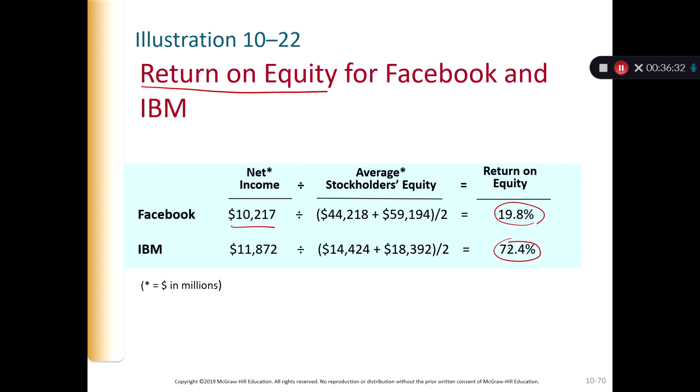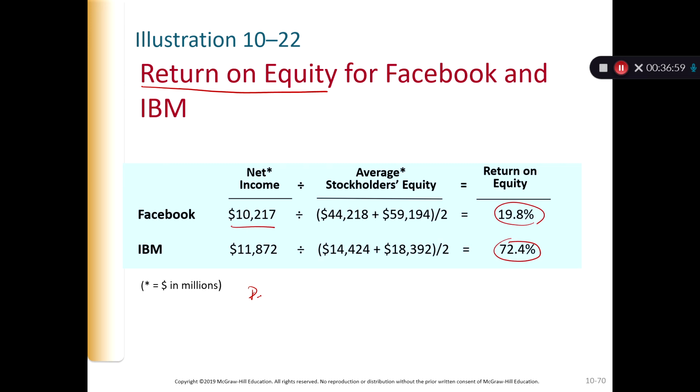At first, you might think this means that Facebook is less profitable, and in terms of return on equity, that's true. However, a key reason for the difference in return on equity is that Facebook relies to a greater extent on equity financing, while IBM relies on debt financing. The ratio of debt to equity for Facebook is 9.